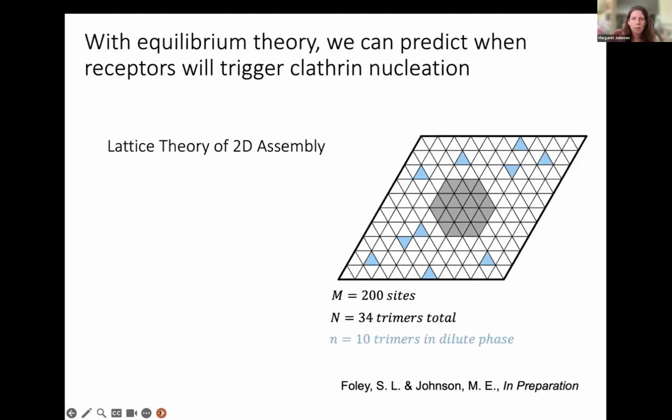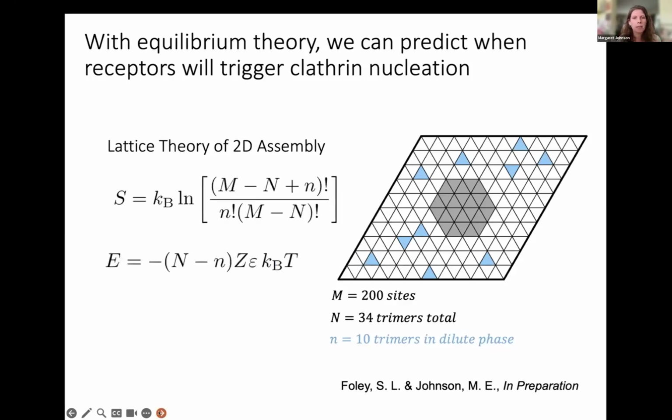And then I'm going to sort of zip through this equilibrium theory, but we can actually think first, because we want to have a nice formula that allows us to really explore parameter space. If you think about a lattice, we have a certain number of sites, and we put these triangles on and we can control the density of these triangles on the surface. You can define the entropy and the energy of these interactions. So we have some energy scale that we set and a valency. Every triangle has 3 bonds it can make, just like a trimer.